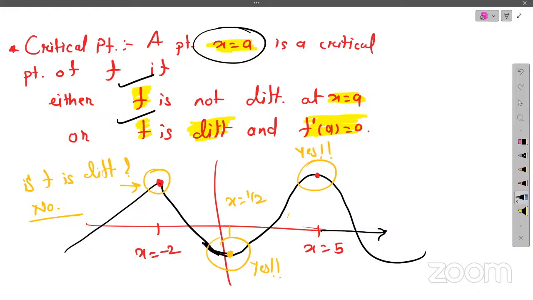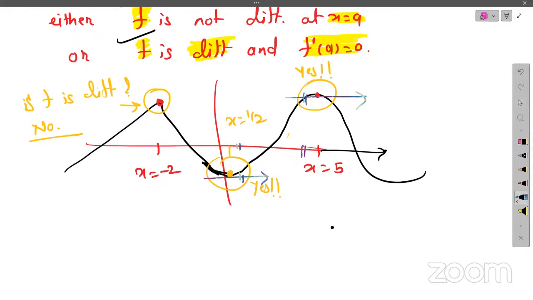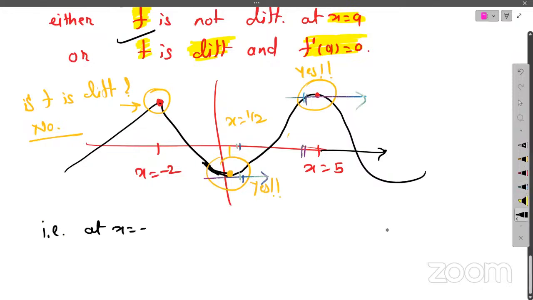But what is the value of the derivative? If you draw a tangent here, the tangent is parallel to the x-axis. If you draw a tangent here, it is also parallel to the x-axis. So at these 2 points, the function is differentiable, but the value of the derivative is 0, right? So at x = -2, f is not differentiable.